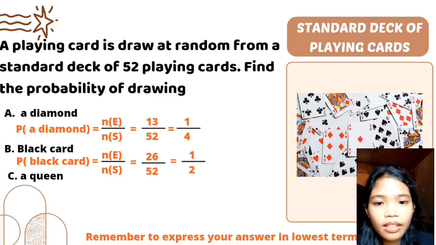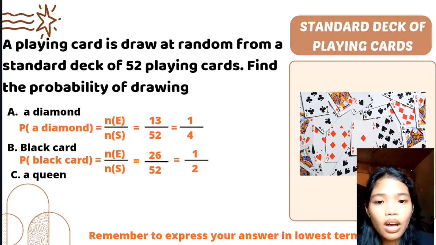Which means that our number of events over the total is 26 over 52. The 52 is the total possible outcomes, since our standard deck has 52 cards. Always remember to express our answer in the lowest term. So 26 over 52, our final answer is 1/2.